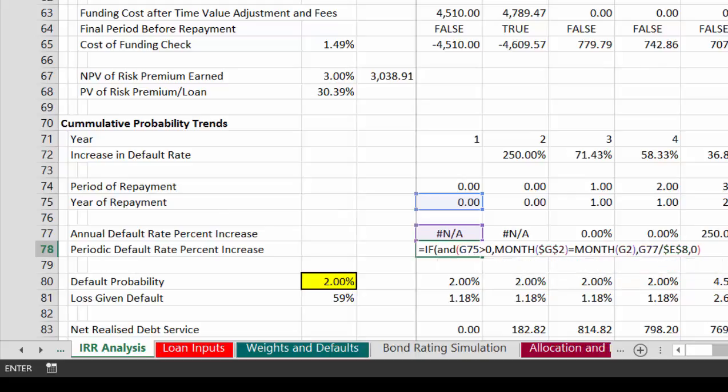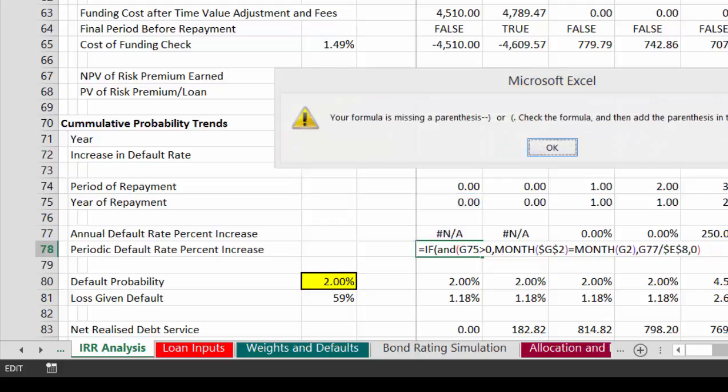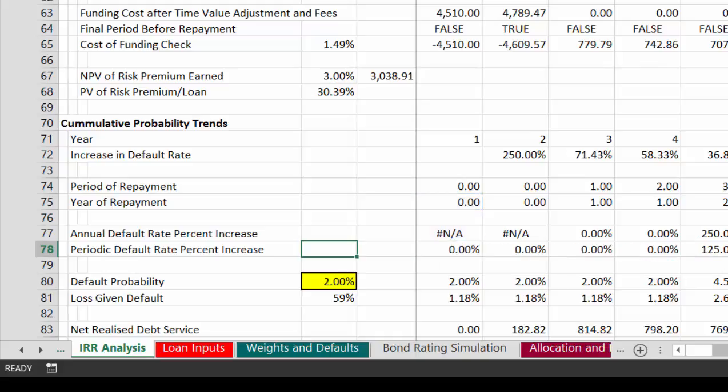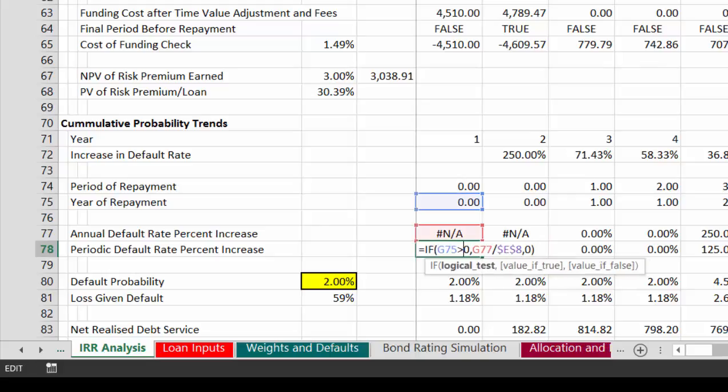Now, oops, I need... come on, well, I'll do it again. Okay, we're going a little bit slowly here. This, comma, month of this first period equals a month.